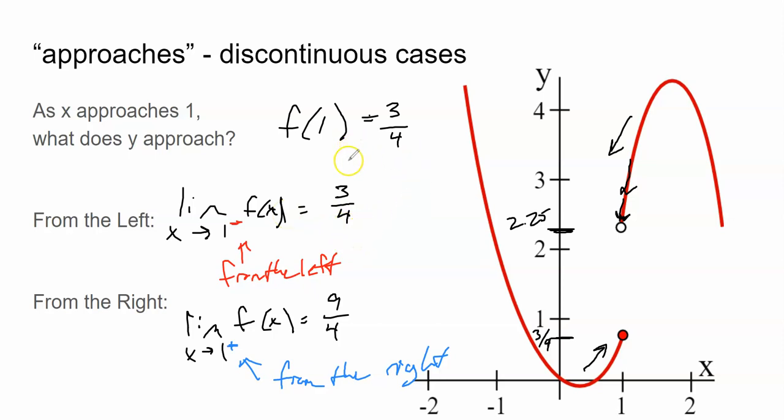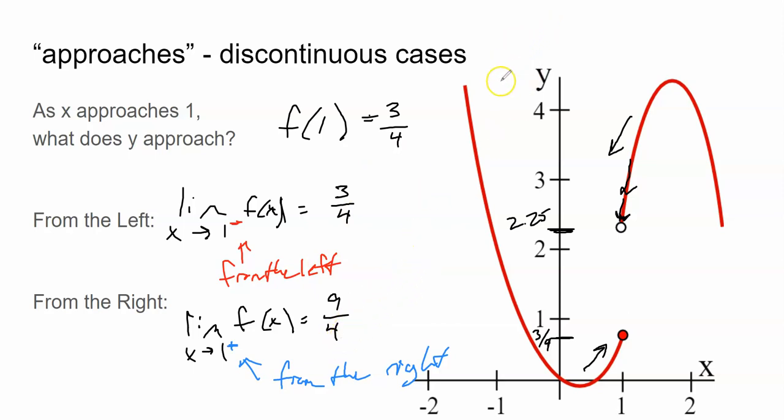Well, this is where limits get a little tricky. Remember, limits aren't actually the value of the function if your graph is continuous like this. So we need to actually check our work. Are these two values equal? Well, you're sitting back there and you're like, those definitely don't look the same, right? They don't look like the same point at all.